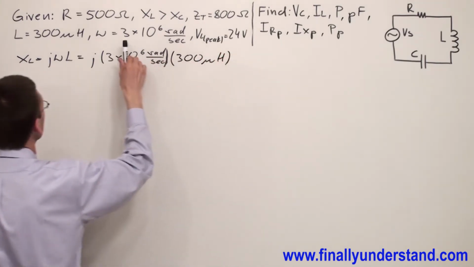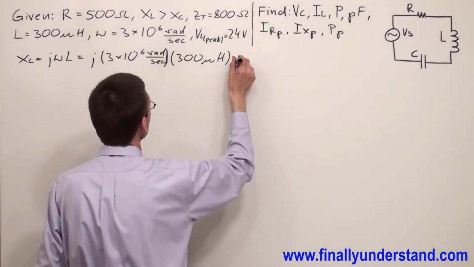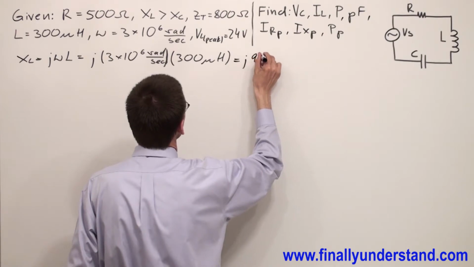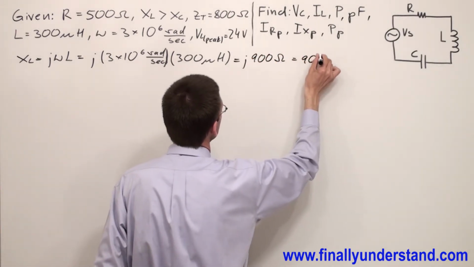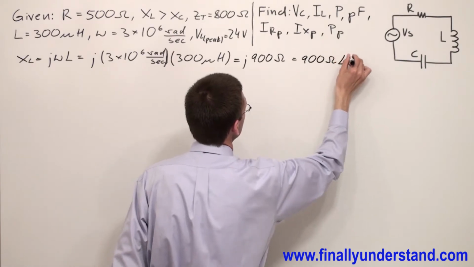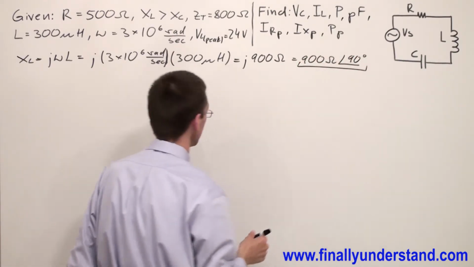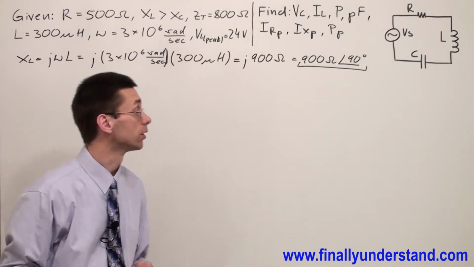Okay, so I have omega times my inductance. This is equal to J 900 ohms, or we can say this is equal to 900 ohms, an angle of 90 degrees. So this is the inductive reactance in my series circuit.